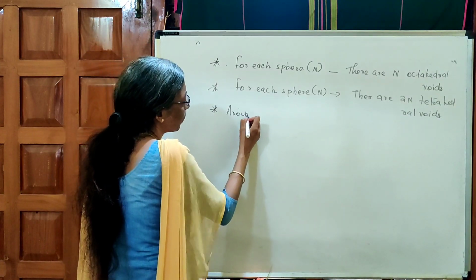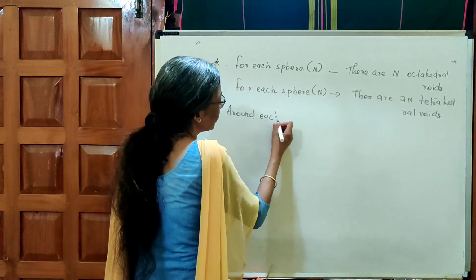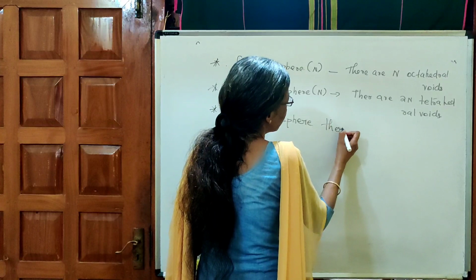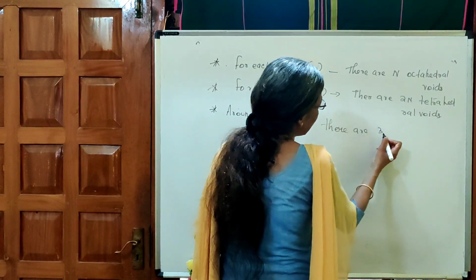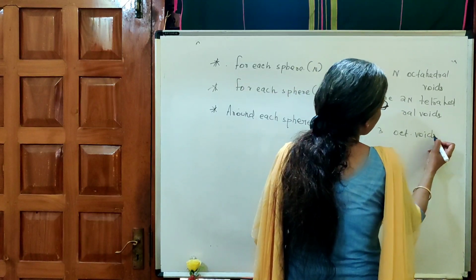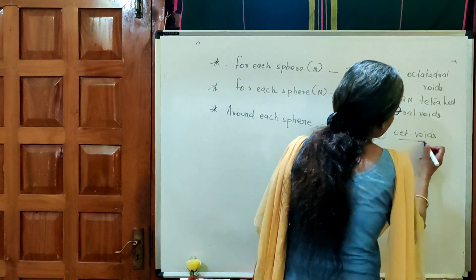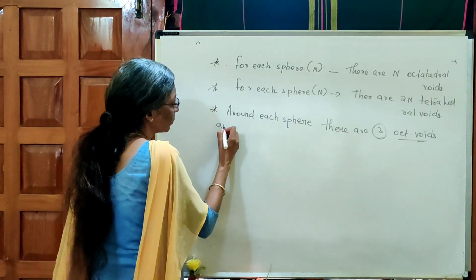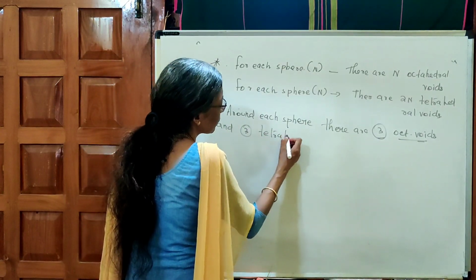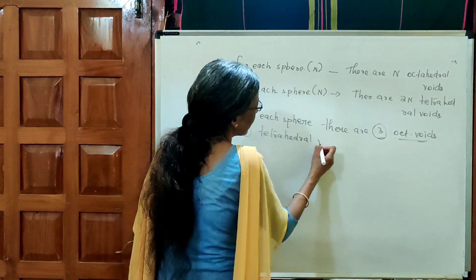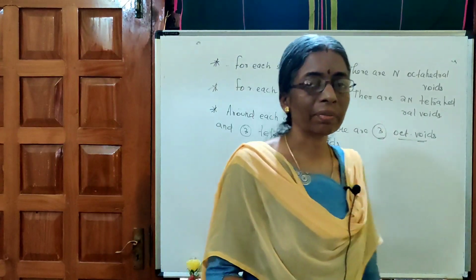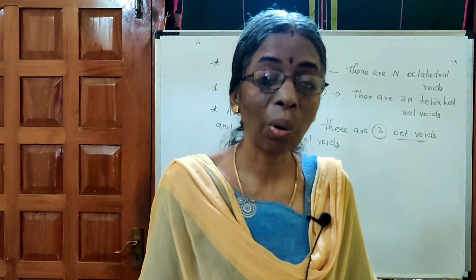Around each sphere there are 3 octahedral voids and 3 tetrahedral voids.